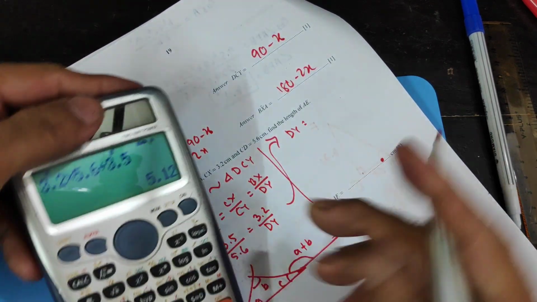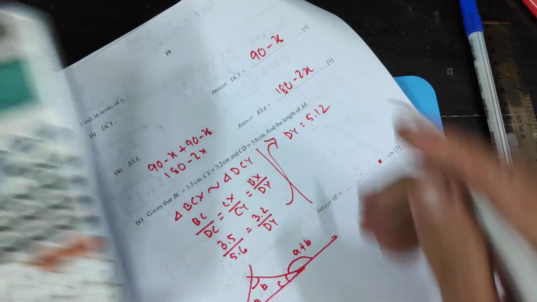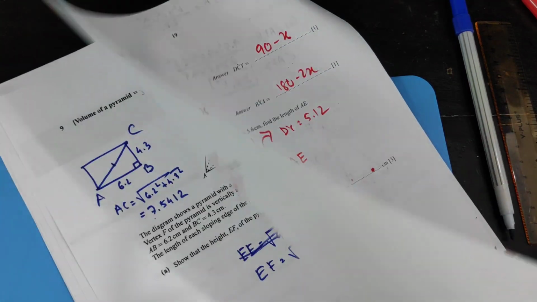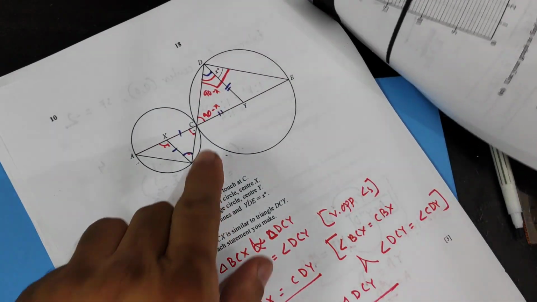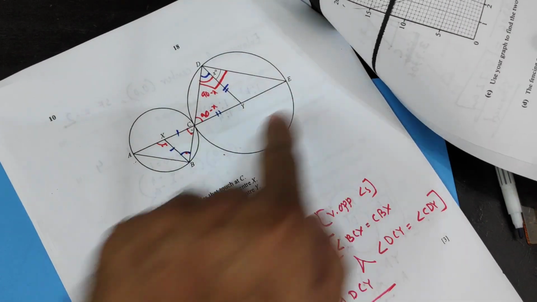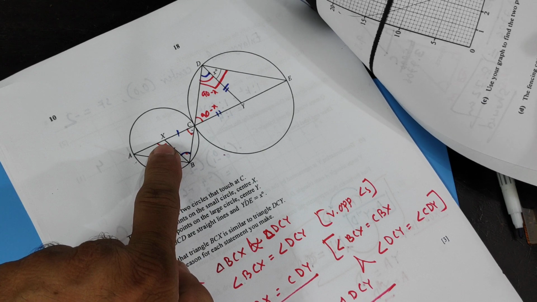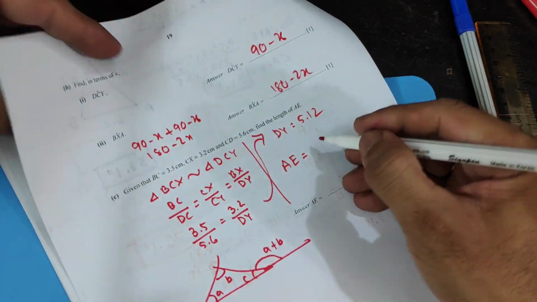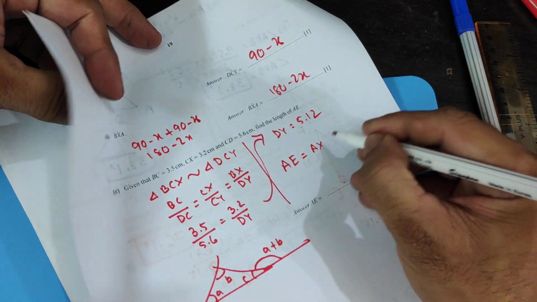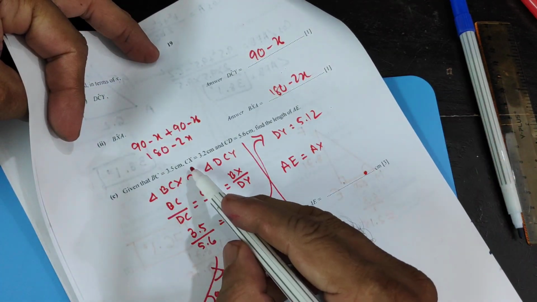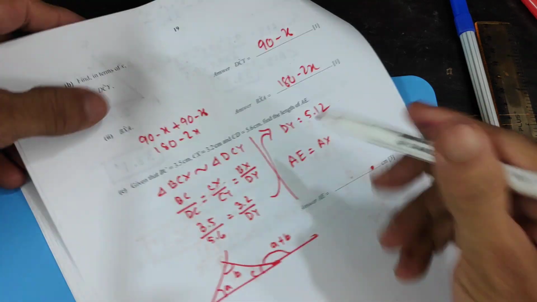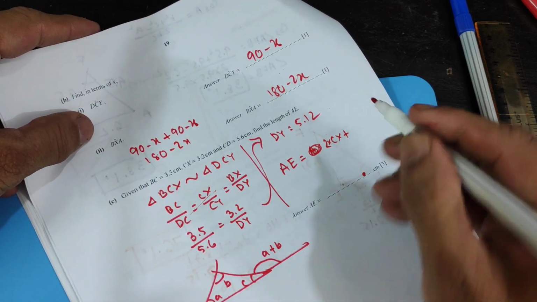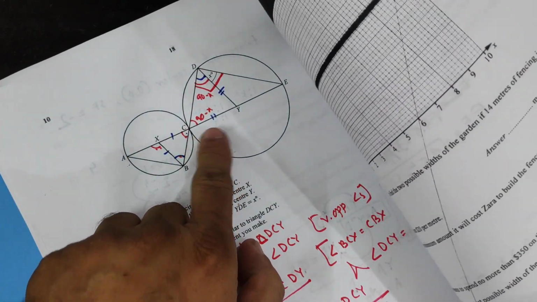I got 5.12. Now they are asking for AE. So let's go and check AE. Now AE is double of AX and then double of CY, right? AX, I have the value of CX, right? So let's put CX times 2 plus this is CY.